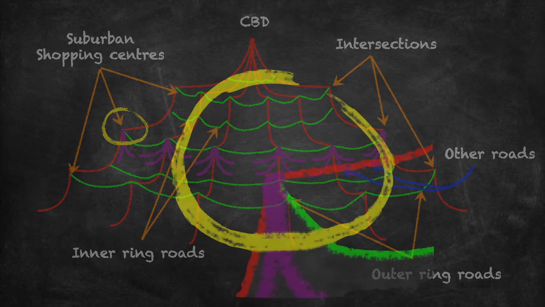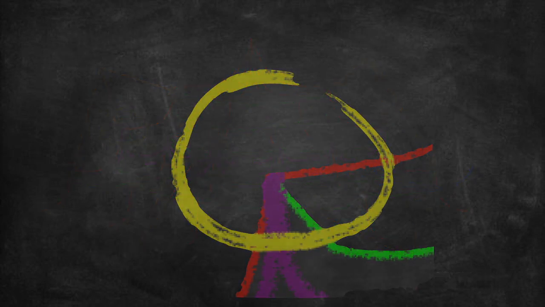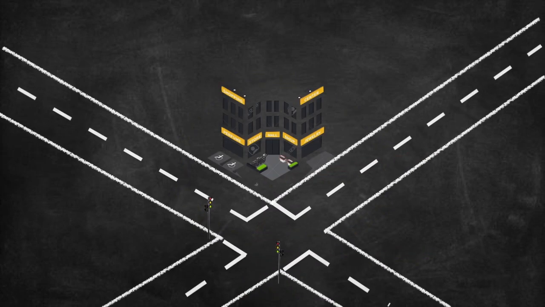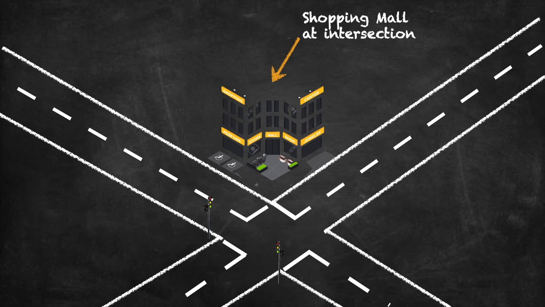At those points of intersection, you're going to get shopping malls. Shopping malls develop there because these are intra-urban networks. That's where people can move, so the shopping mall becomes accessible. And so shopping malls become those outlying CBDs, and the areas around them become areas that are good for commercial activity.